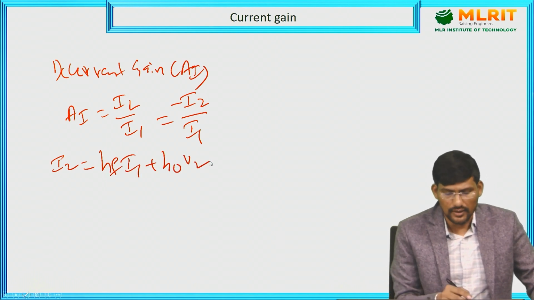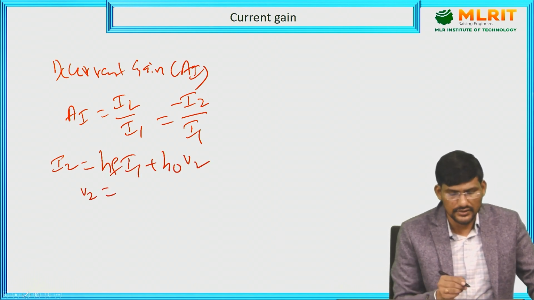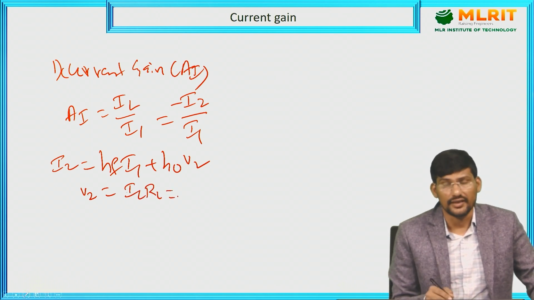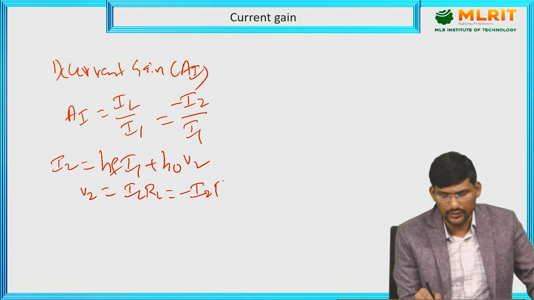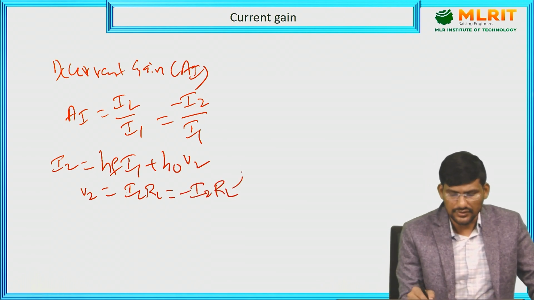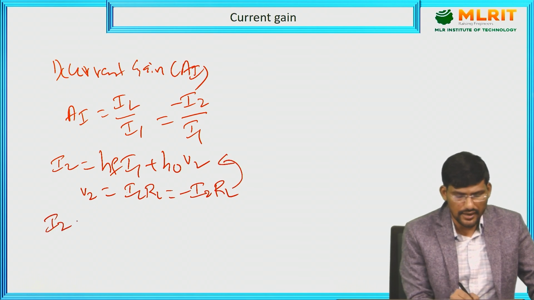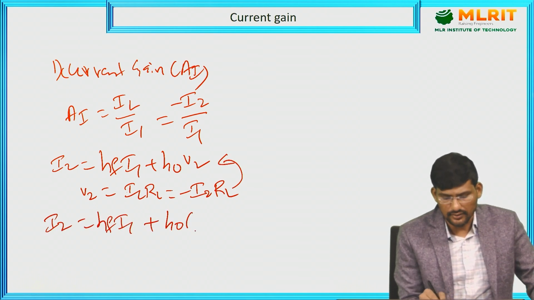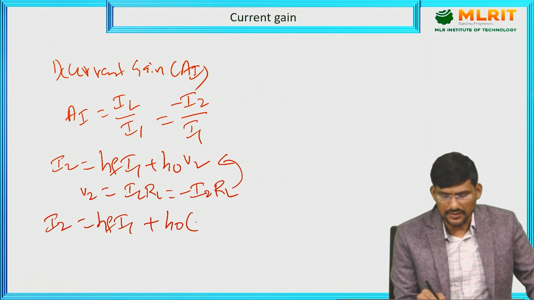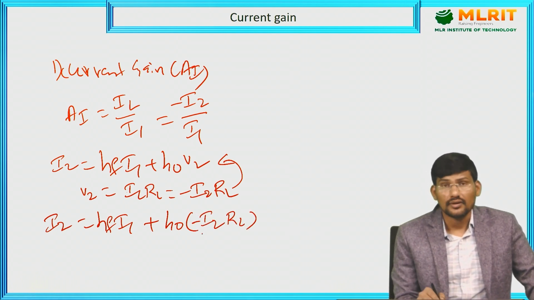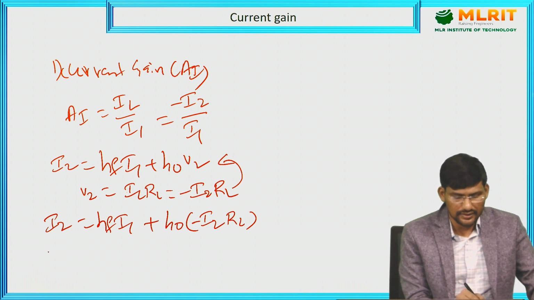What is V2? Already we have taken V2 is equal to IL RL. In place of IL we can consider minus I2 into RL. Now if you substitute in this equation, I2 is equal to HF I1 plus H0, and in place of V2 we substitute minus I2 into RL. Now I'll take this term to the left side to get I2 common.